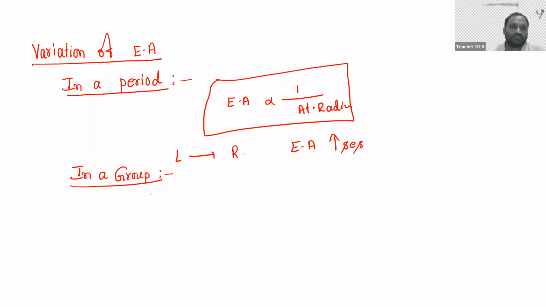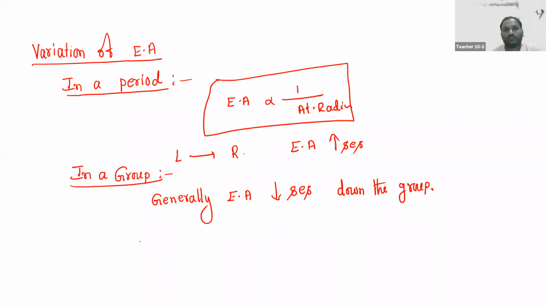Generally, here also you put generally. Electron affinity decreases down the group. Here one exception is there, students, and it is important also.